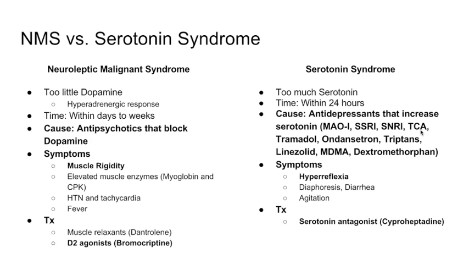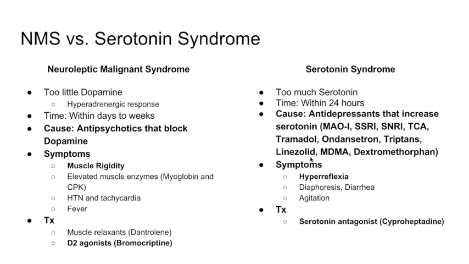But there are also other medications that are not antidepressants that increase serotonin. Tramadol, we're going to talk about it in the future. It's a synthetic opioid that increases serotonin. Ondansetron, which is an anti-nausea medication, increases serotonin. Triptans, a medication for headache, increase serotonin. And linezolid. Do you remember what linezolid is?